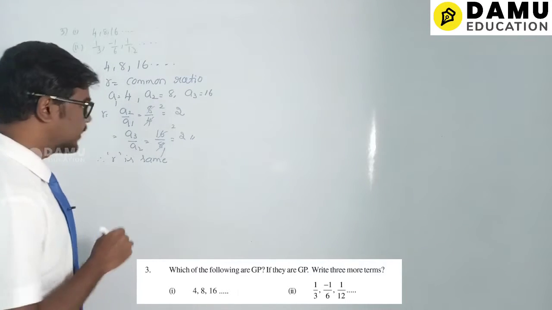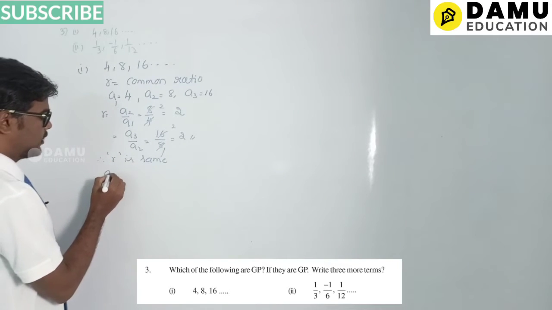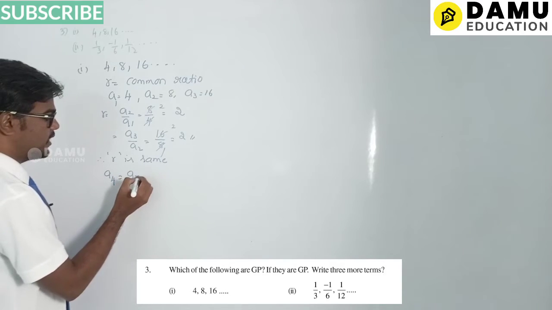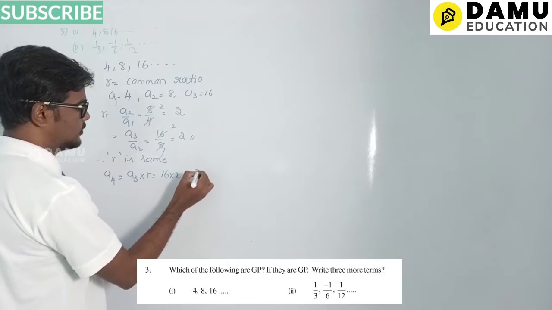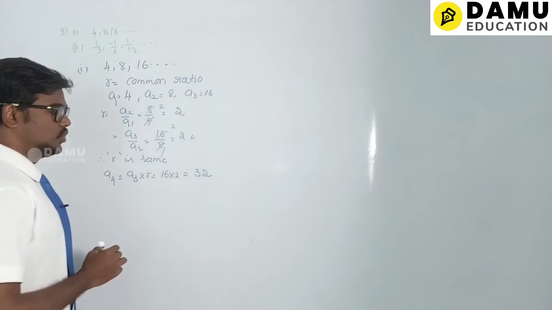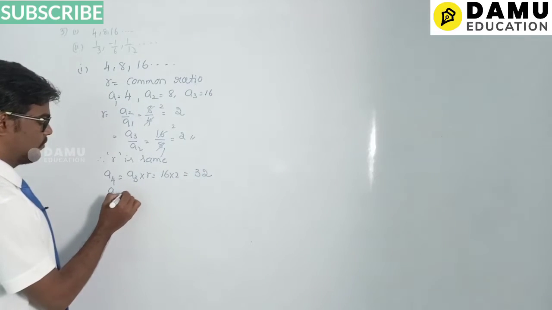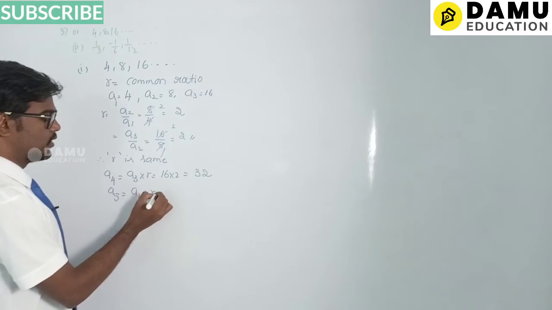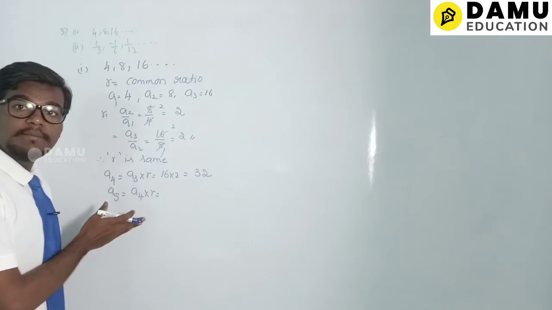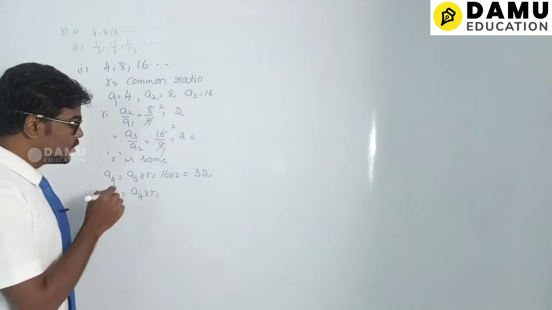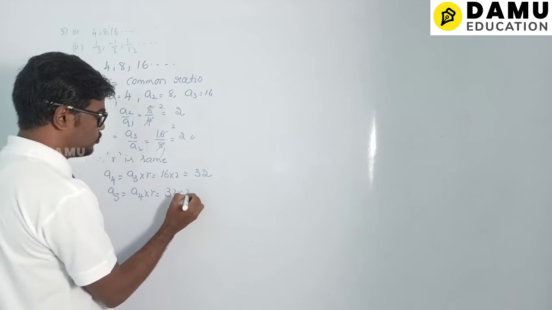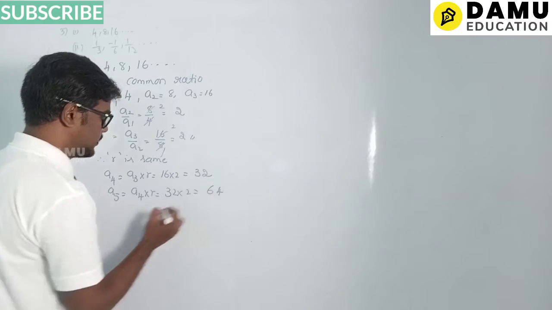Now A4 will be equal to A3 into R. So A3 is 16 into R, that is 32. Then A5 will be equal to A4 into R. Why? Because we multiply the previous term with a constant term, that is the common ratio. So A4 is 32 into 2, 2 twos are 4, 2 threes are 6, that is 64.